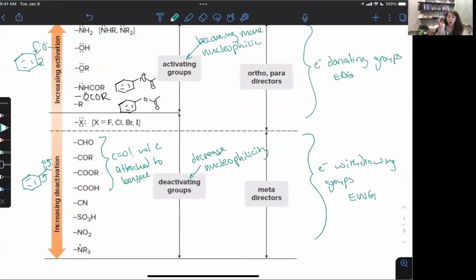That carbon, that C plus right here, is doing a lot of that withdrawing power. Technically nitriles are not a carbonyl with oxygen, but they are carboxylic acid derivatives, so they fall into the same kind of category as the carbonyl.